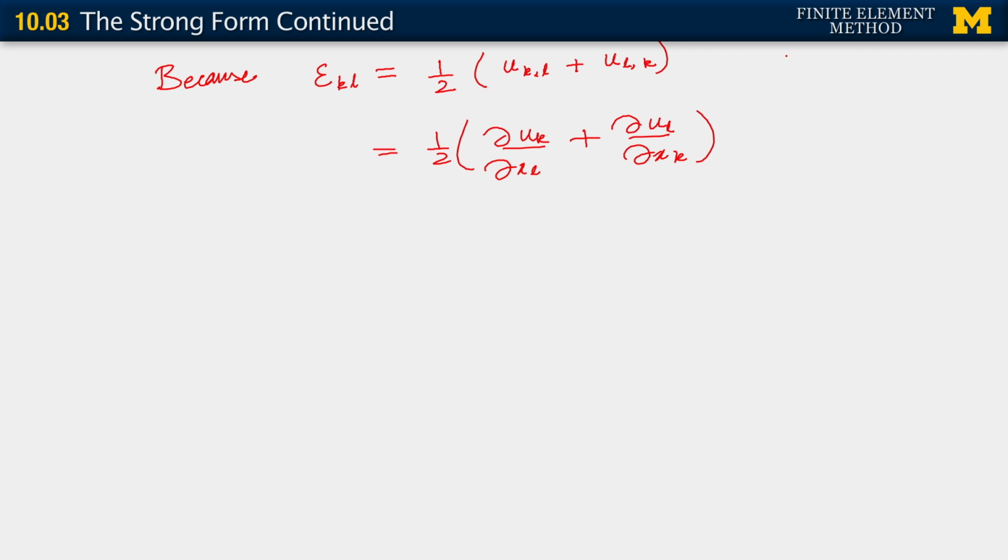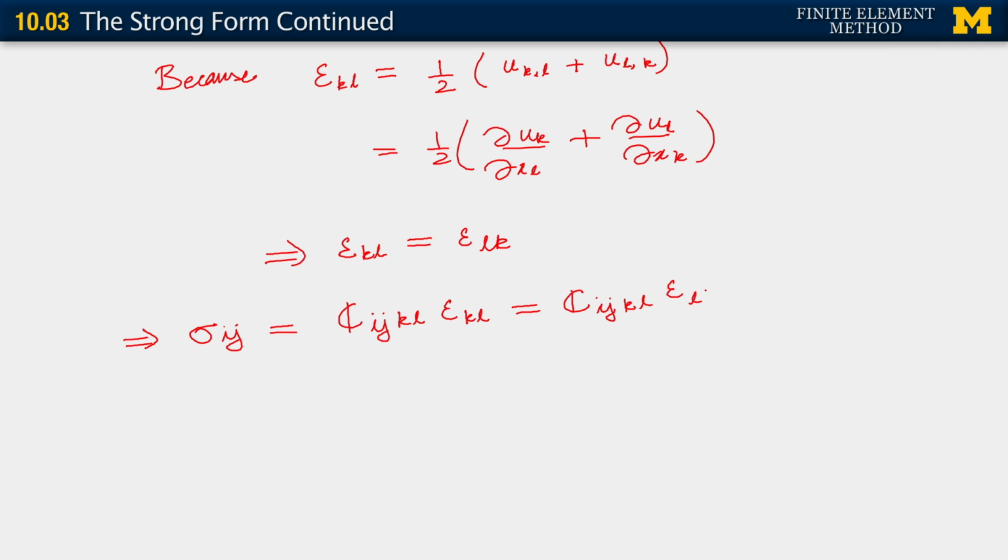Well, if this is the case, it follows that epsilon_kl equals epsilon_lk. But then what that says is that sigma_ij, which is C_ijkl epsilon_kl, is also C_ijkl epsilon_lk.